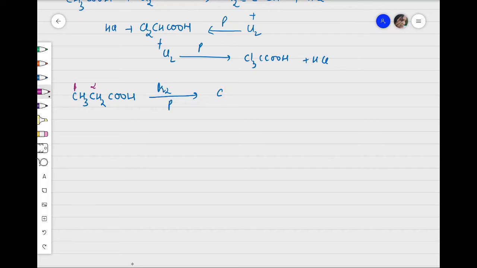ഇത് ചെയ്യുമ്പോൾ see I will have the alpha and this is the beta position. You will see exclusively the alpha position is being halogenated. Okay, so I have bromine here. So I get, ഇതിൻ്റെ പേരാണ് alpha bromo propionic acid.